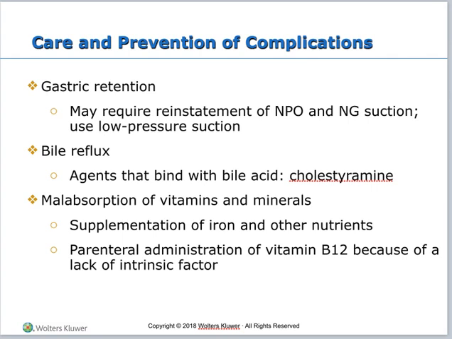Maybe the stomach isn't functioning as well as we think it is, and it's slowly retaining gastric secretions. We may have to put that back down again. Bile reflux, we could give them cholestyramine to help bind to that bile. We can do some nutritional supplements.